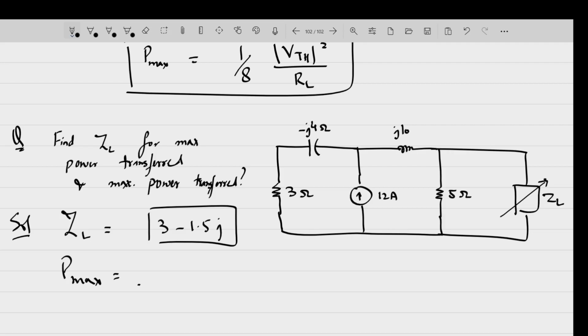What will be VTH equal to? How much are you getting for VTH?